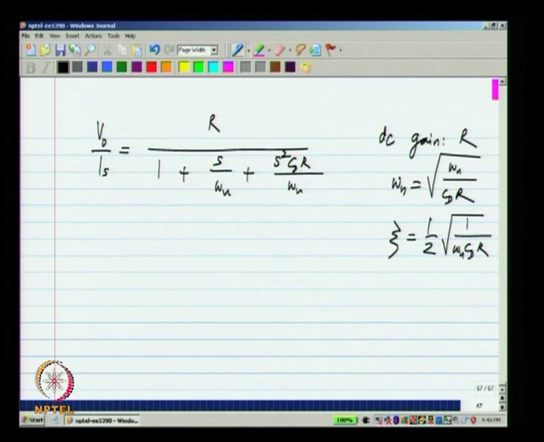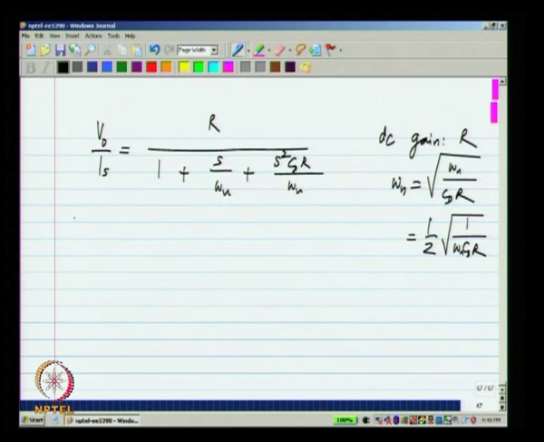Okay. Now, we would like to constrain the damping factor. It may not be 1, but certainly it cannot be very small like 0.1 and so on. So, usually you use damping factors of somewhere between 1 and half. For simplicity, let us assume that zeta happens to be 1 over square root of 2.